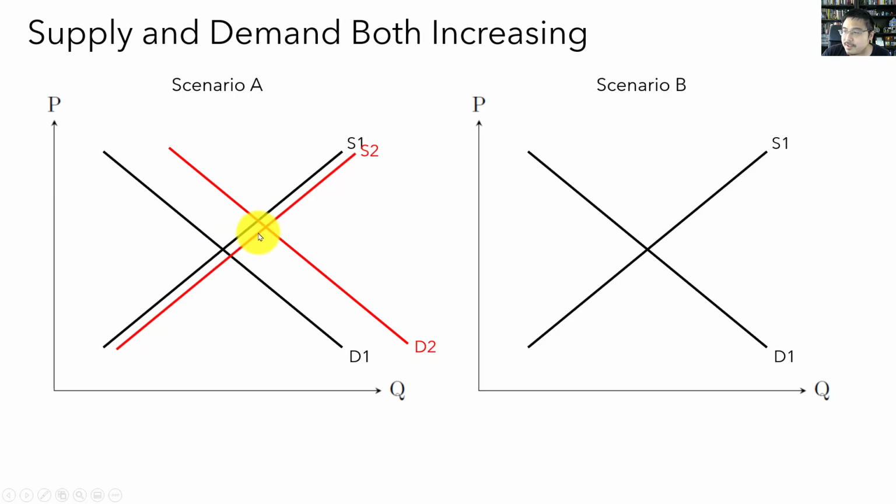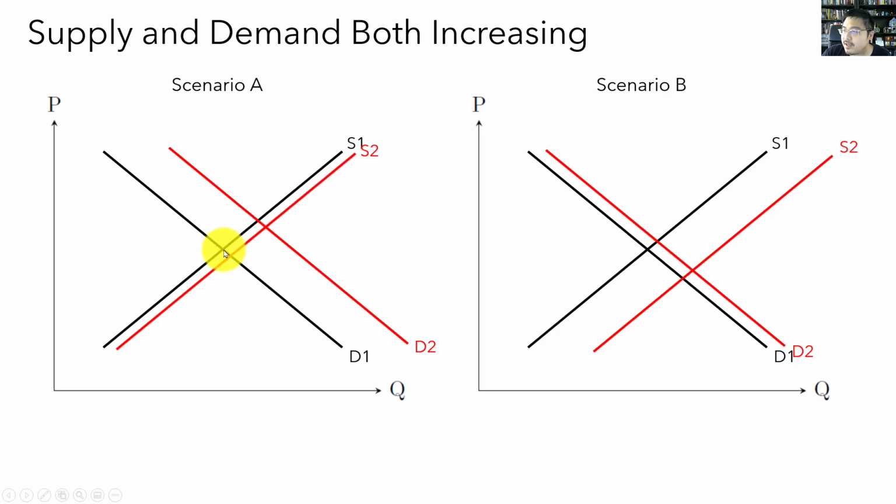So price went up and quantity went up, okay? So that's scenario A. In scenario B, the demand curve goes up by a little and the supply curve goes up by a lot, okay? And so what happens? The old equilibrium is here, the new equilibrium is here, and so this time price actually goes down, but quantity goes up, right?